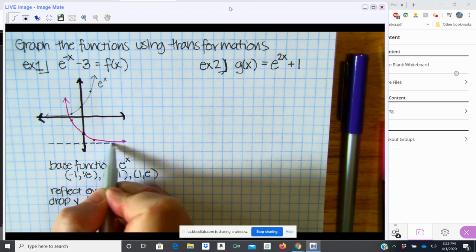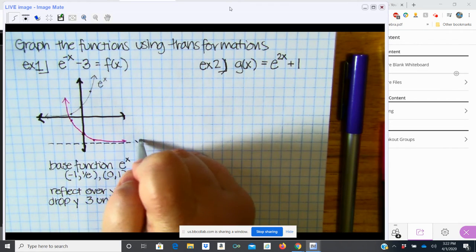Notice that your horizontal asymptote has also been shifted.